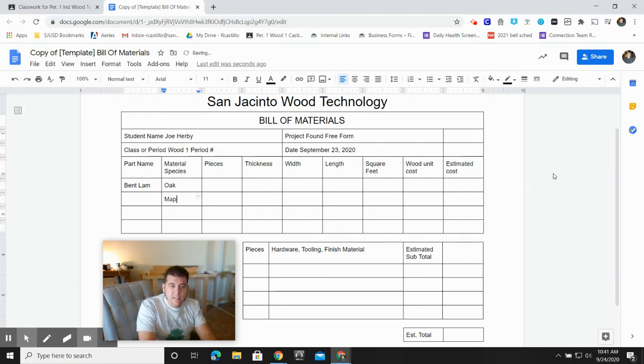The next species is maple. And since we're doing the same part, but we're doing three examples, I'm just going to put quotations. I'm going to navigate back, put some spaces in between. I might even center. I ran out of room inside that, so I'm going to navigate back.